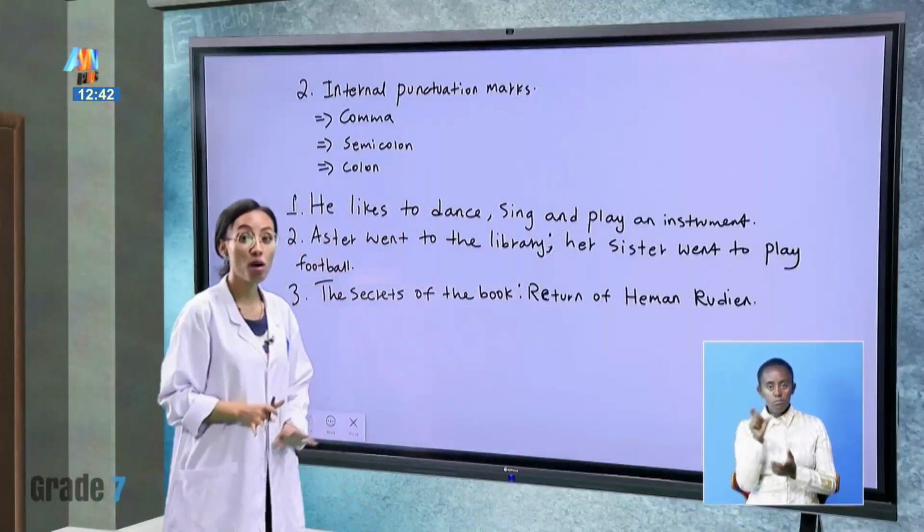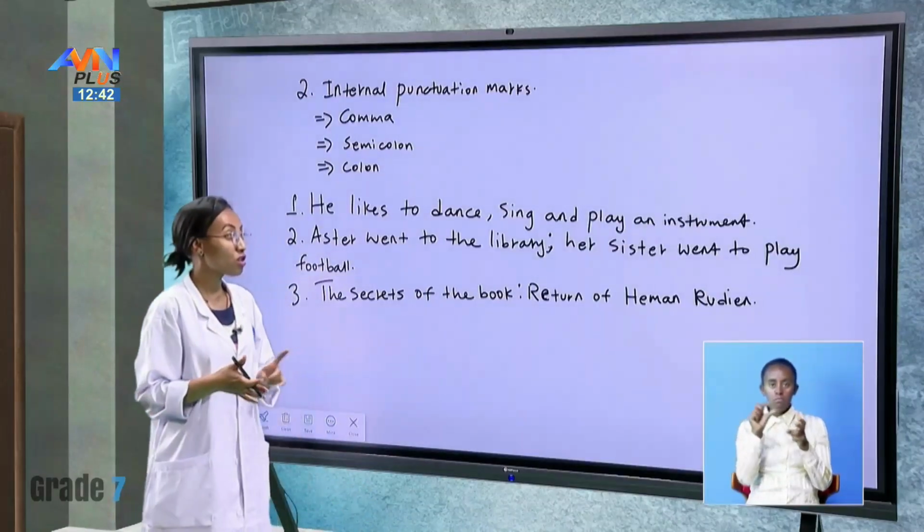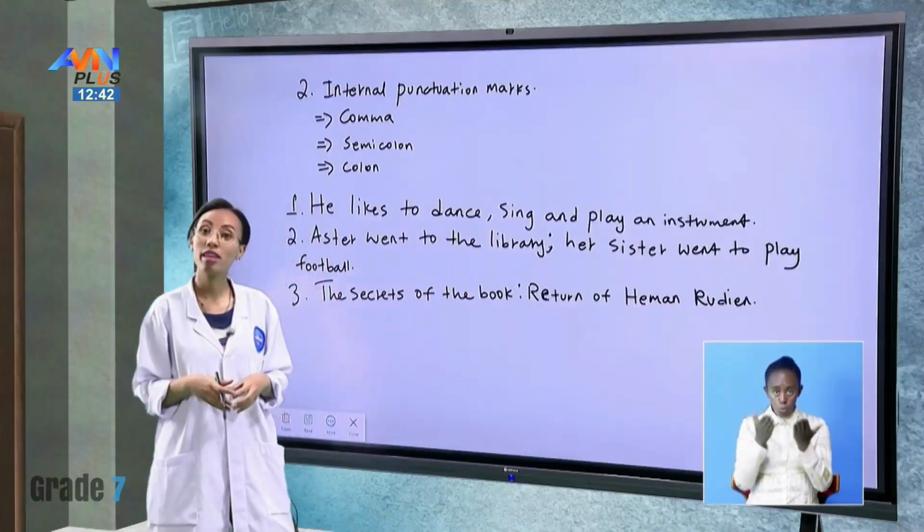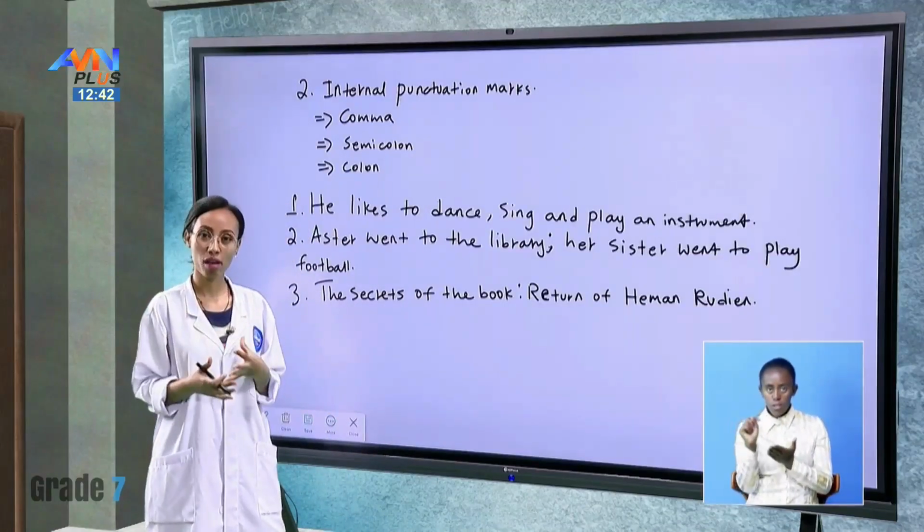This is what? A topic. So it is a topic of a book. The Secrets of the Book is what? The main topic of the book.